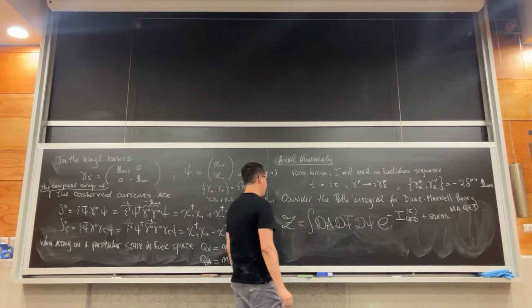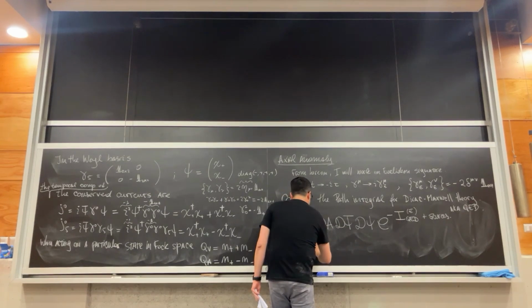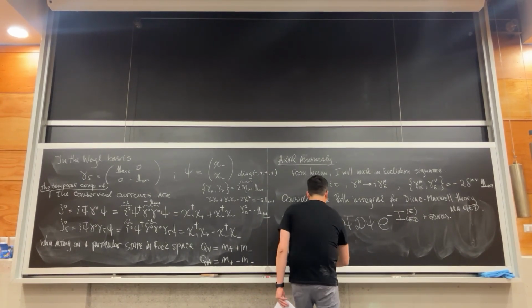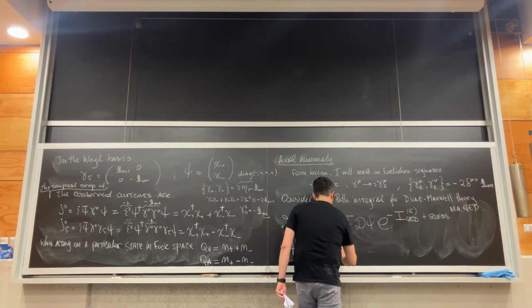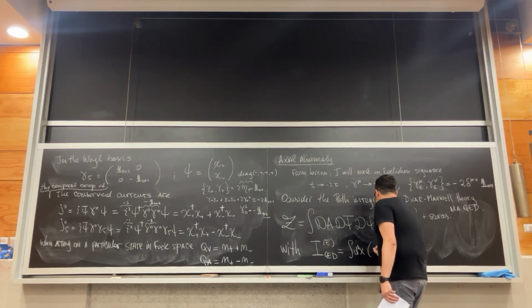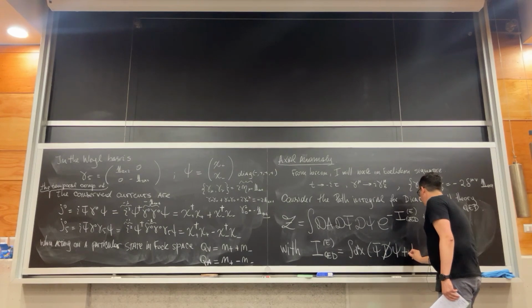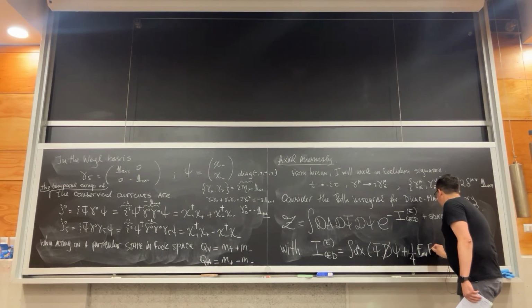And the action in this case, in the Euclidean section, would be d^4x, psi-bar, plus 1 over 4 F_mu nu squared.